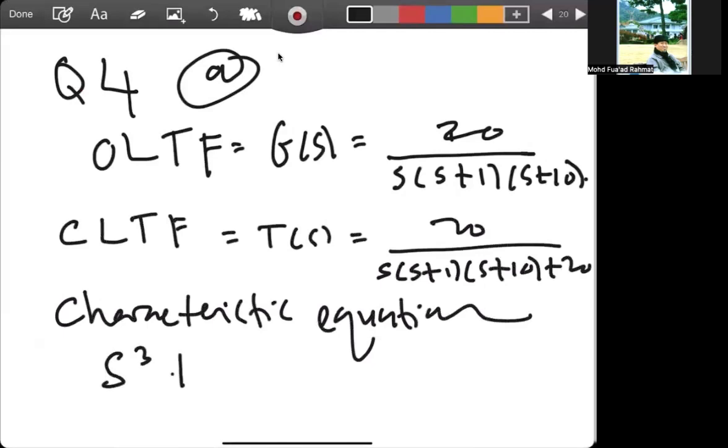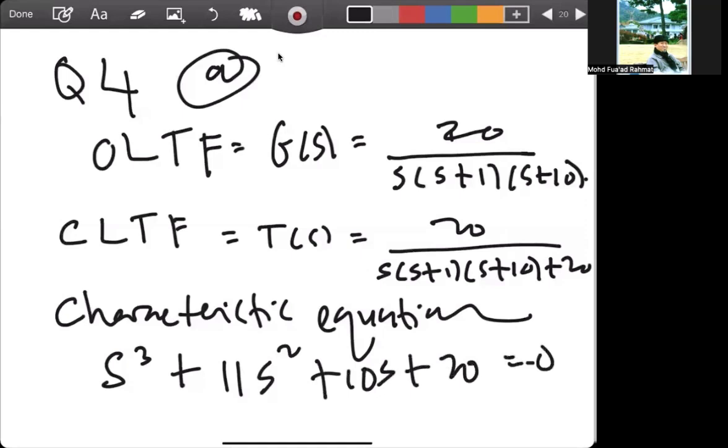S cubic plus 11 s squared plus, equal to 0. Okay.